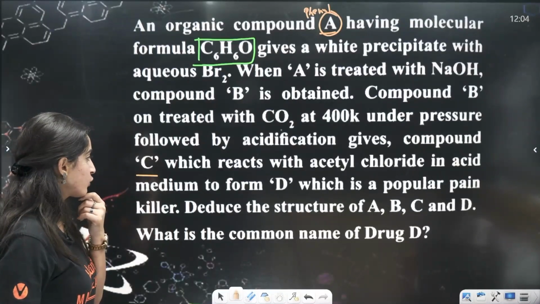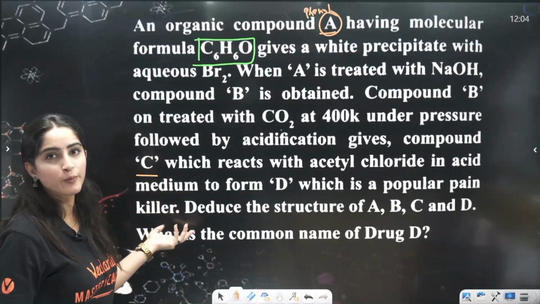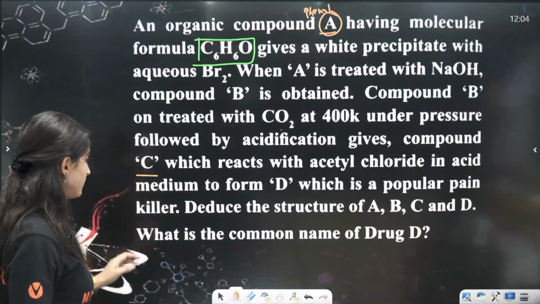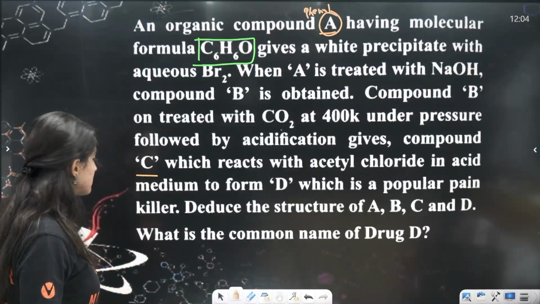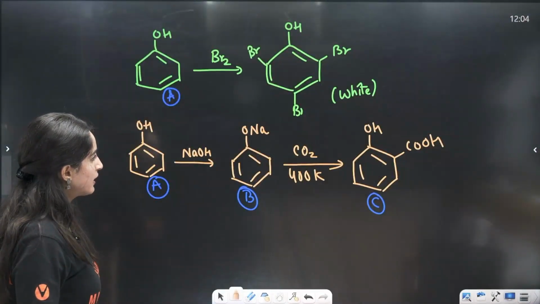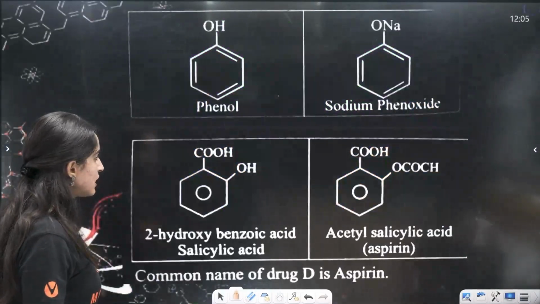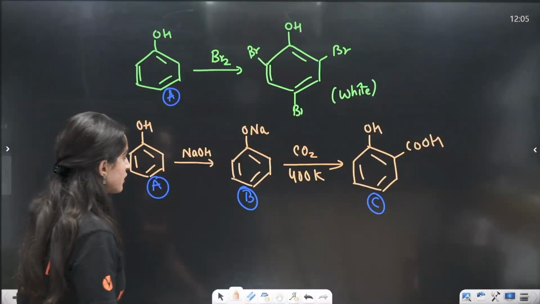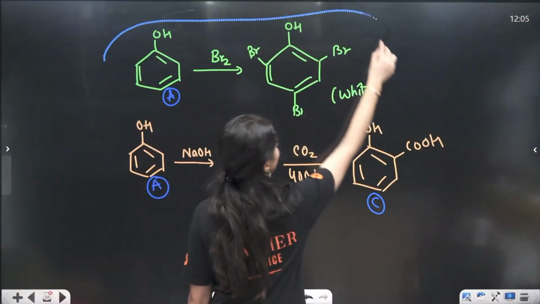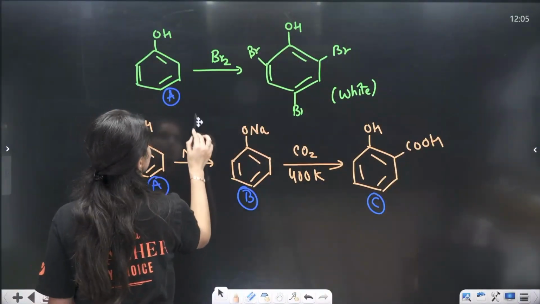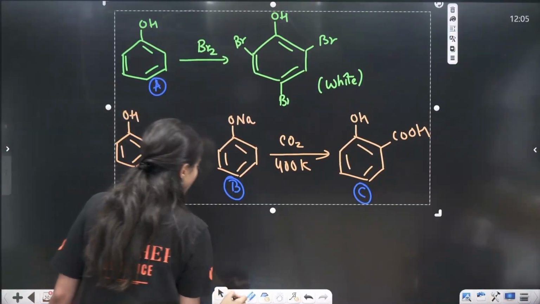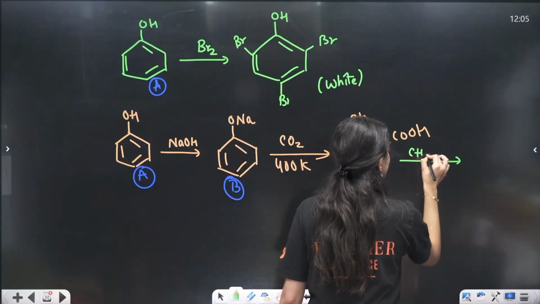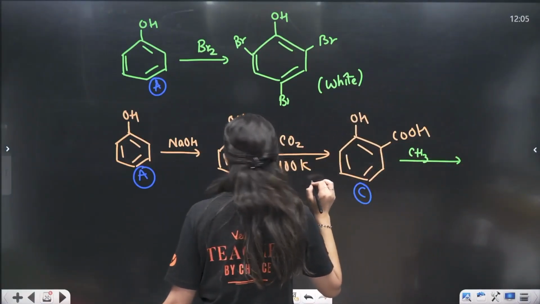Okay, I think they are talking about aspirin, because that is the only compound that is a painkiller and that is in your syllabus, right? So deduce the structure. Here you have acetyl chloride, which will substitute in this case, right? From C, aspirin is formed. So from this side you have CH3C double bond OCl, acetyl chloride, right?